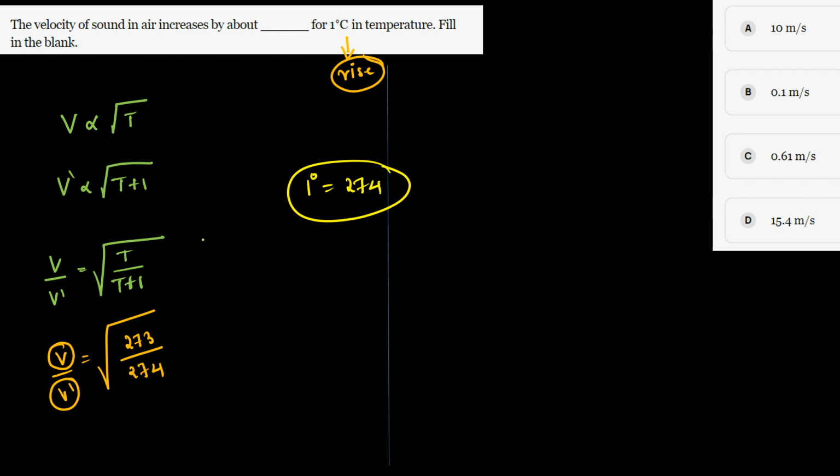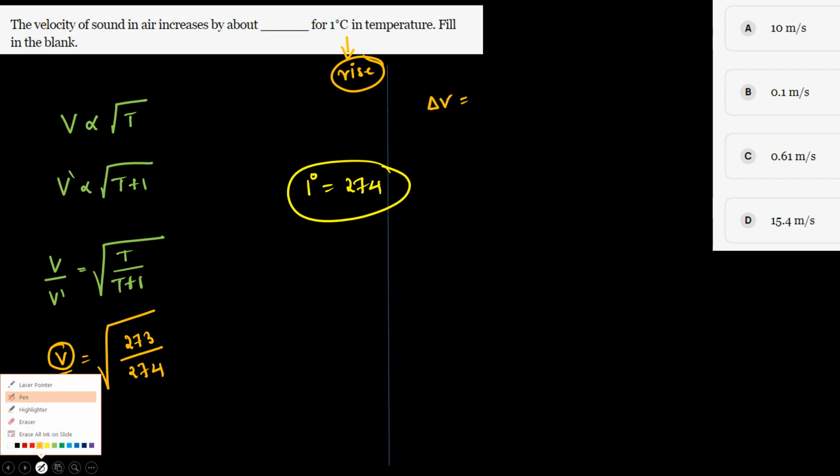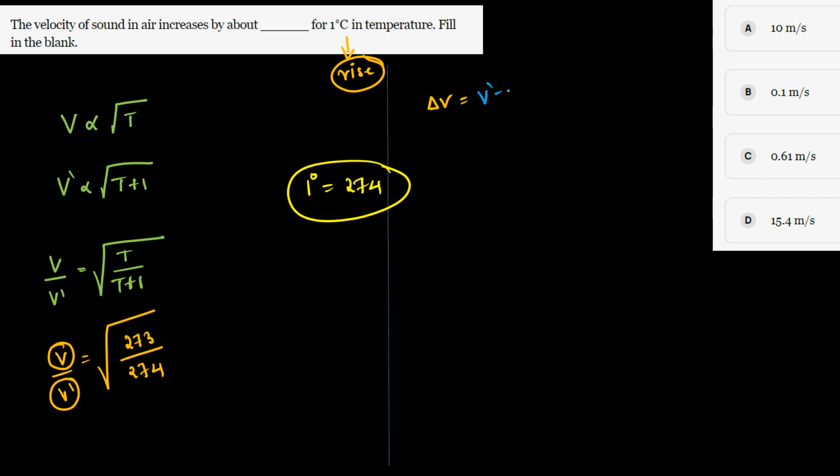Now what will be the change? Change in velocity is going to be delta V, which can be written as V dash minus V. Now what is your V dash? Can I write V dash as the square root of 274 divided by 273 multiplied by V?